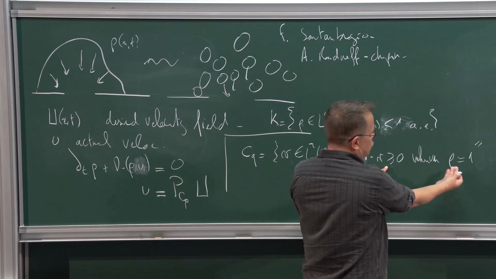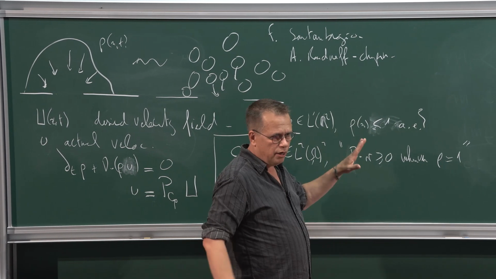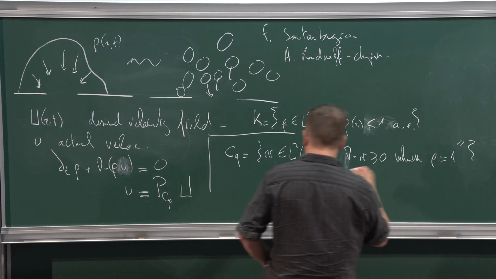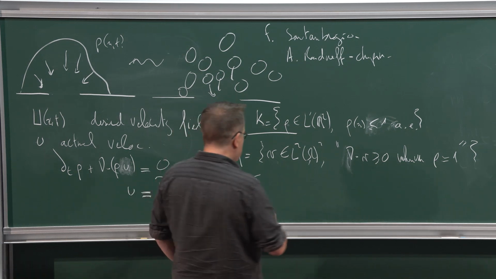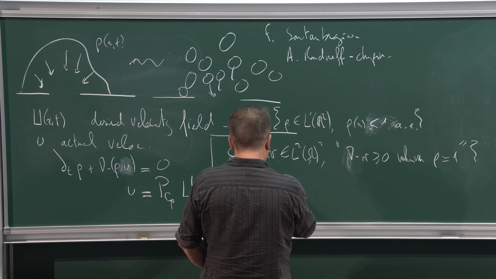Because if it's negative, it will increase rho, and that is forbidden. This is not a proper definition, but it can be defined more properly, and that will be important for the following.